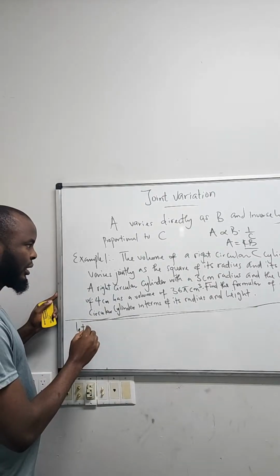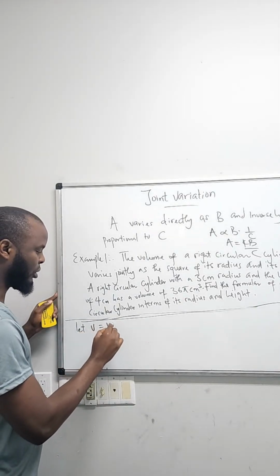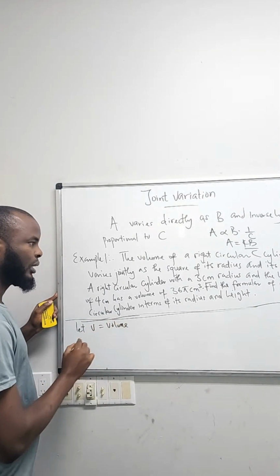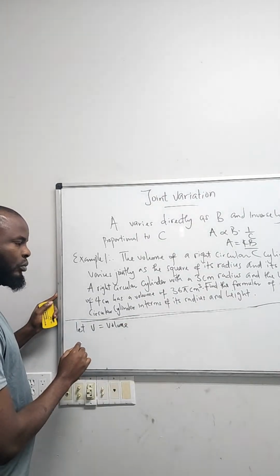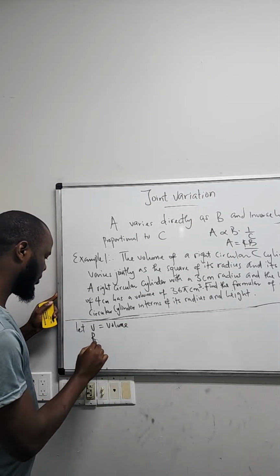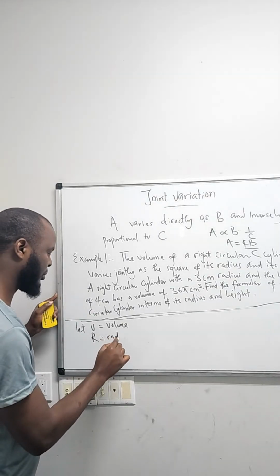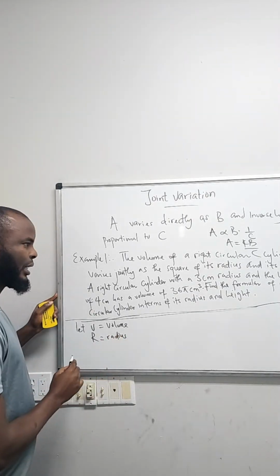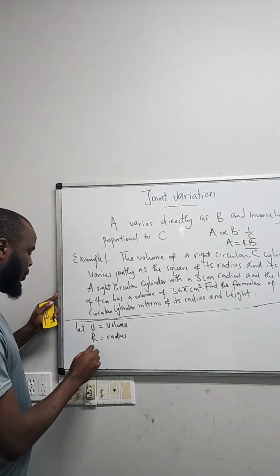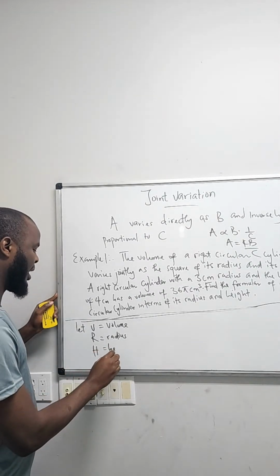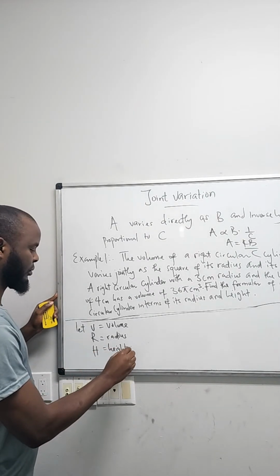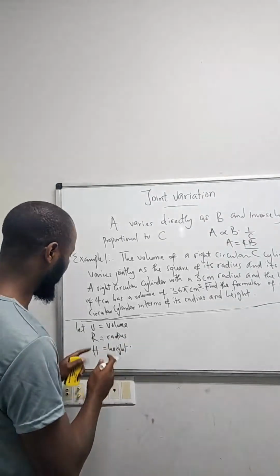Let V represent the volume. Let R represent the radius. And then let H represent the height. So those are the 3 things we have.